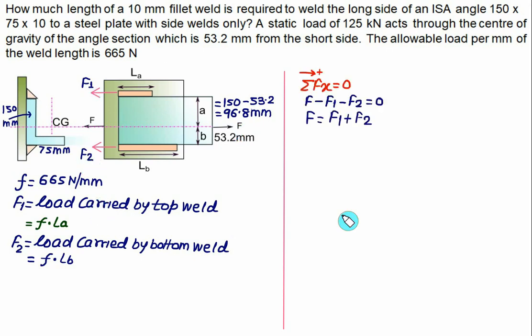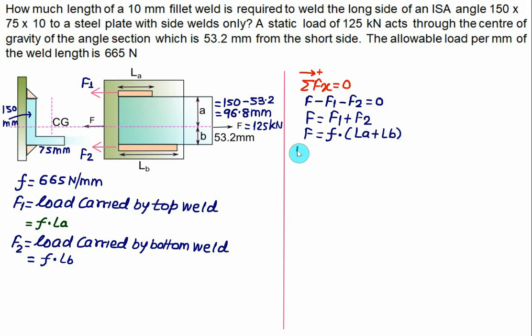In that case the force F is positive, F1 is negative, F2 is negative. The force F we are applying is 125 kilonewton. F1 plus F2 we can replace as F LA plus F LB. So we have F equal to, F being common, multiplied by LA plus LB.